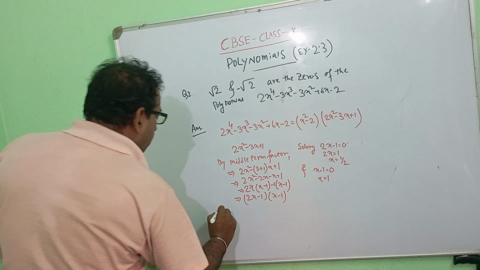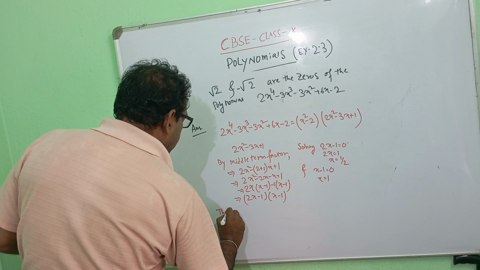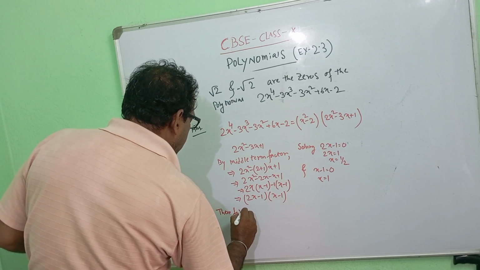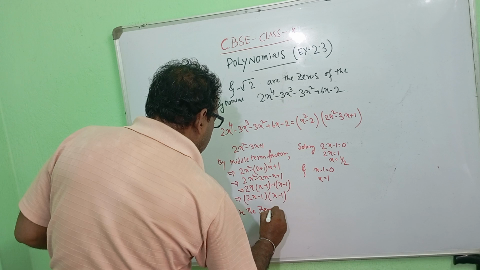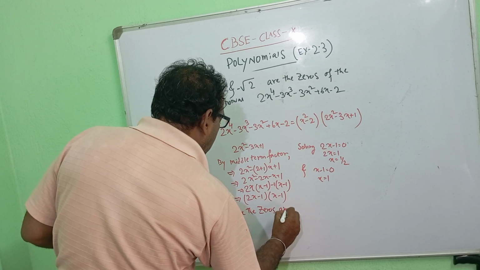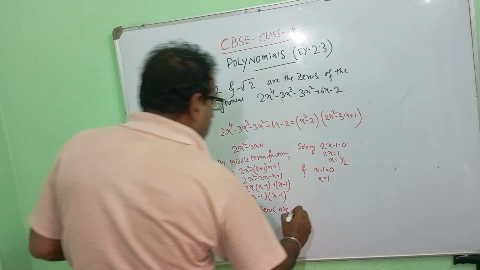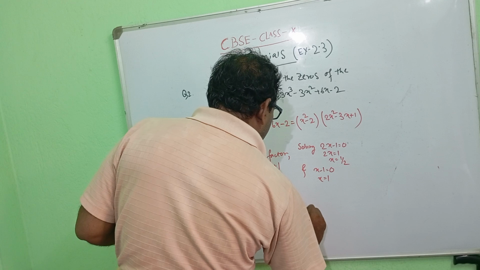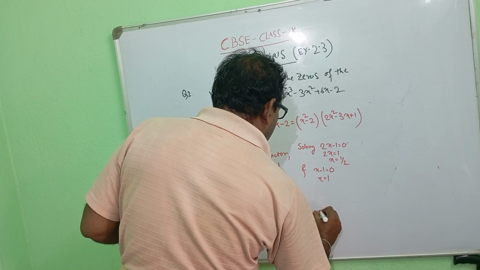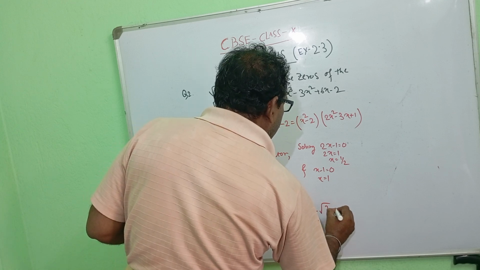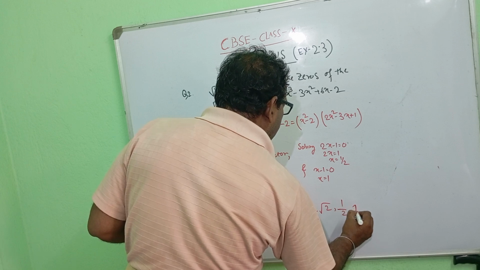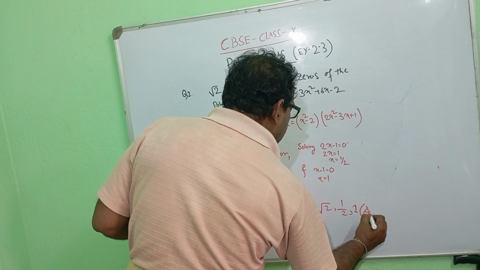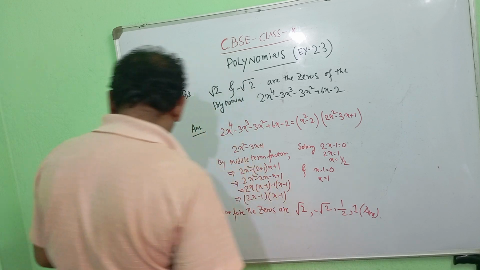So therefore the zeros are root 2, minus root 2, half and 1. This is the answer.